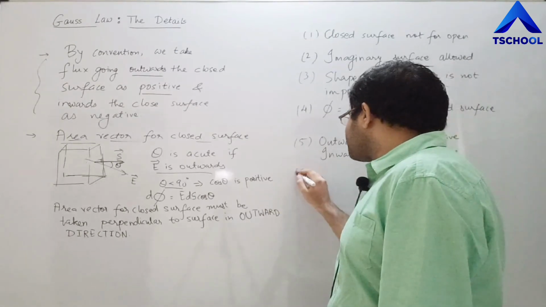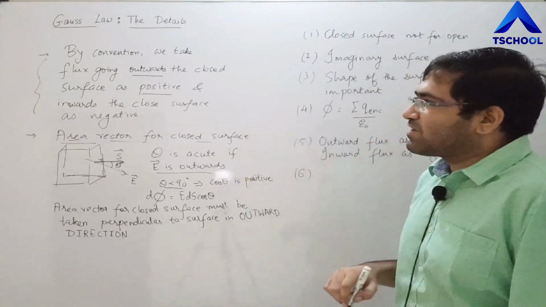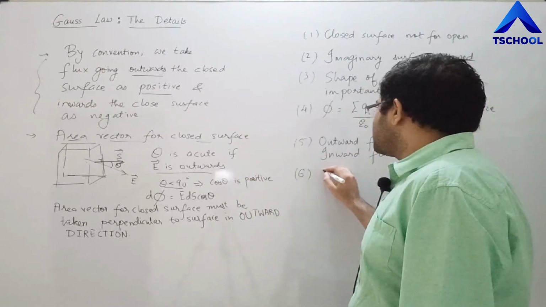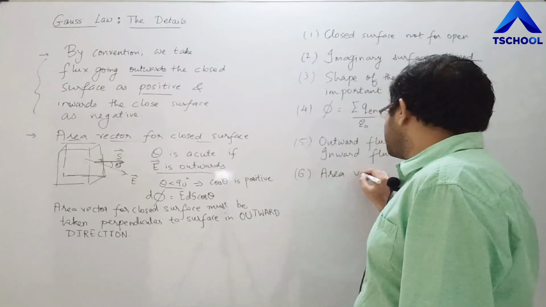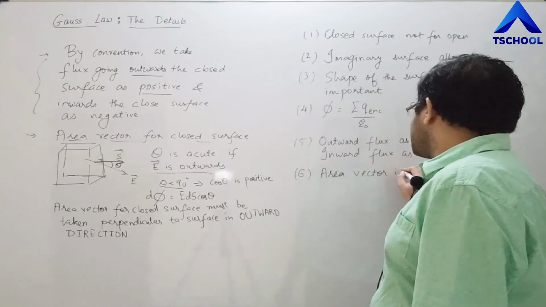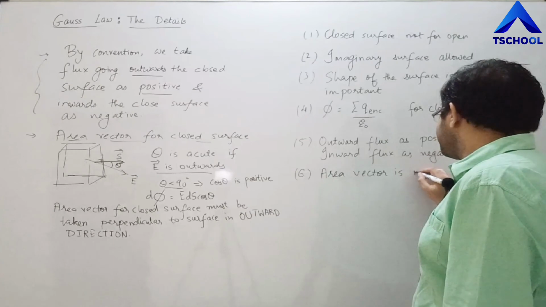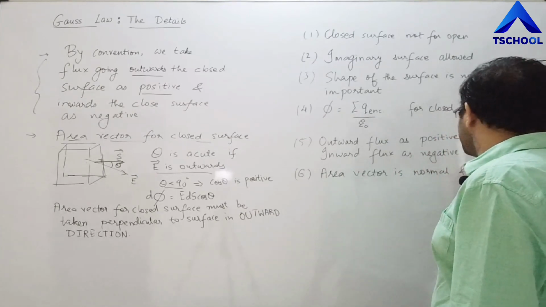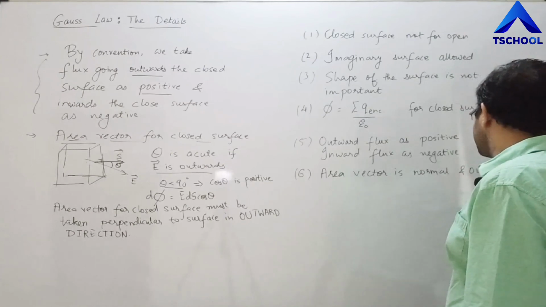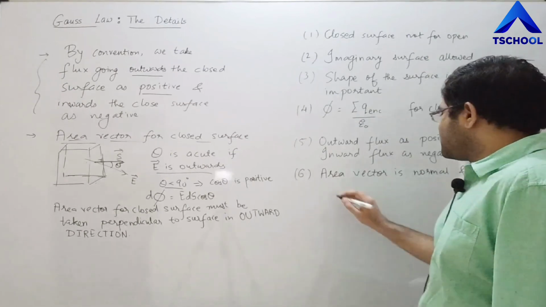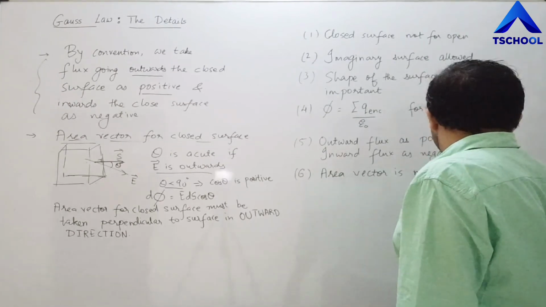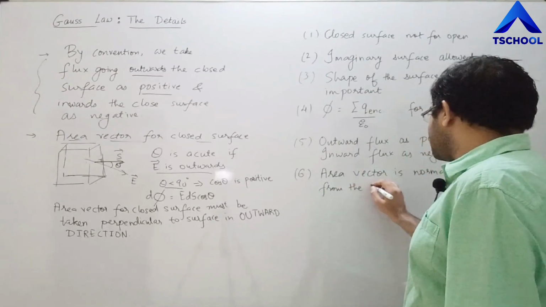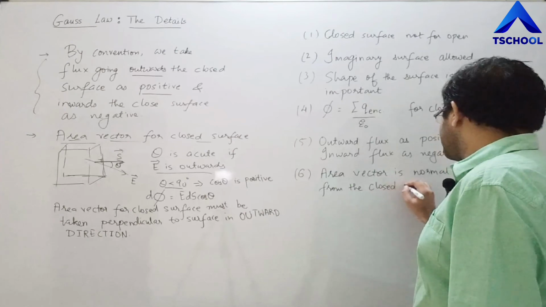The next thing is about the area vector. We define the area vector such that it is normal or perpendicular and in the outward direction, for a closed surface, outwards from the closed surface.